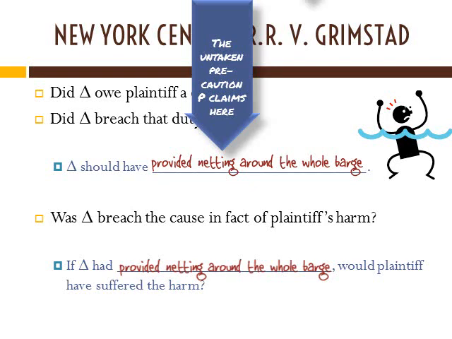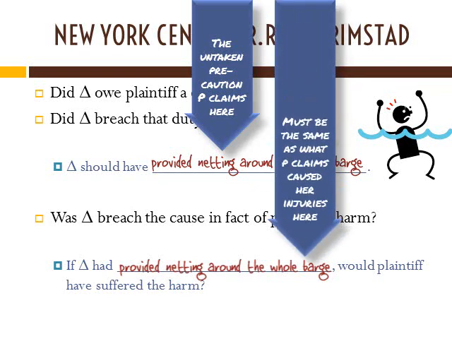And the inverse can happen. If they push too hard on the breach element and say, well, they should have done all of these different things, they'll lose on breach even though they could win on cause in fact. The one thing to notice here is that whatever you claim is the untaken precaution when you talk about breach of duty, you're stuck with it. You can't change it when you get down to talking about whether it was the cause in fact of the plaintiff's harm.